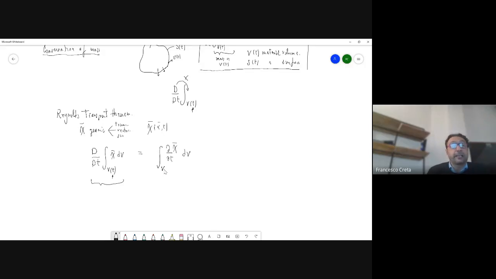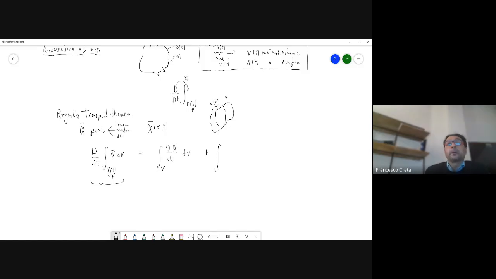But clearly, as we said, this cannot be the only term. Otherwise, V would be fixed in time. So what you do have is an extra term which expresses the flux of the quantity chi through the frozen volume V. So what we do here, this is V, let's say V of t.